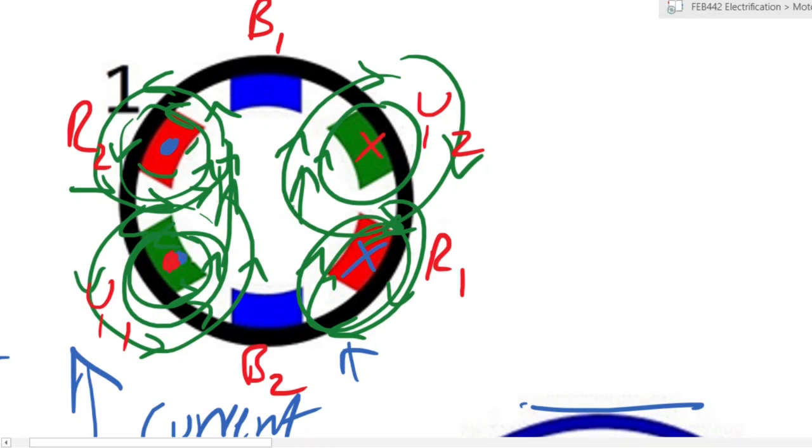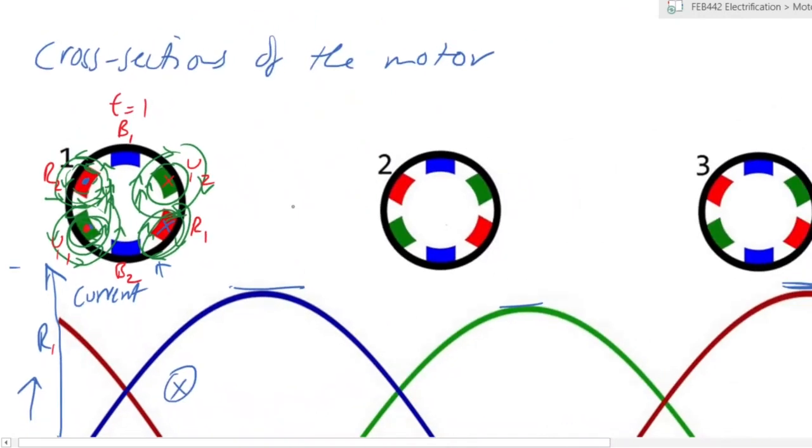This means that the resultant magnetic field at time t equals 1, simply because of applying a current or a voltage, will move in the direction indicated there. Okay, so let's show it moving clearly like that, right? At time t equals 1, by applying a current, the resultant magnetic field will be in the direction shown.